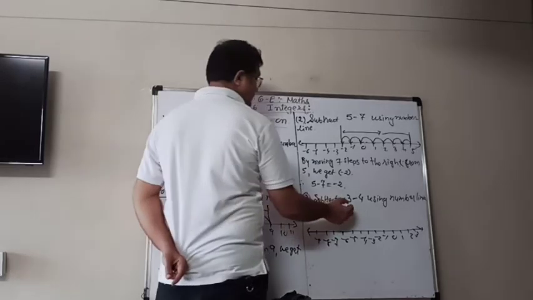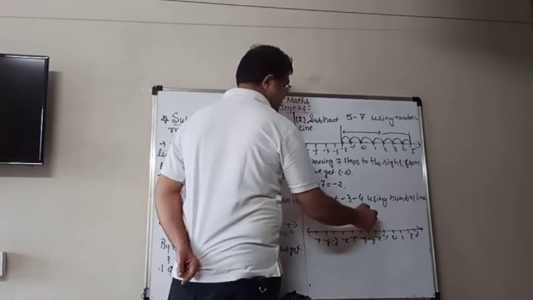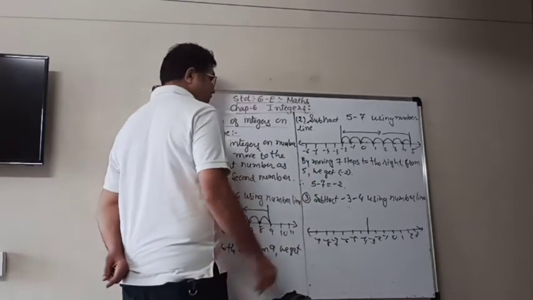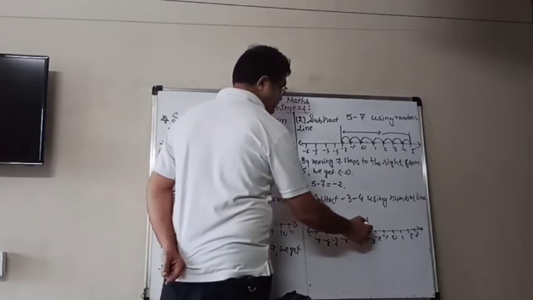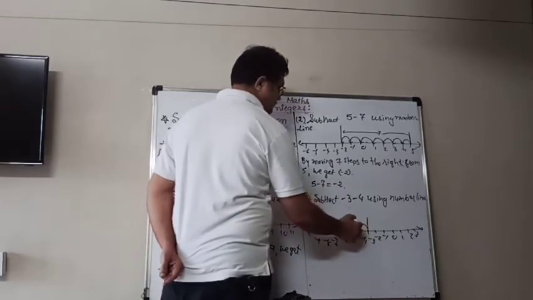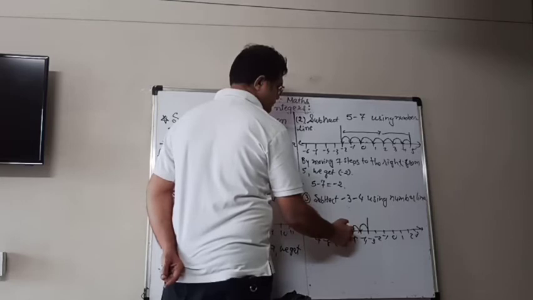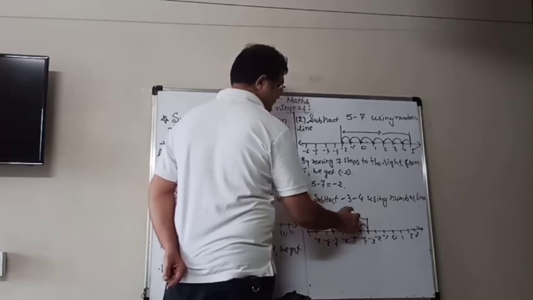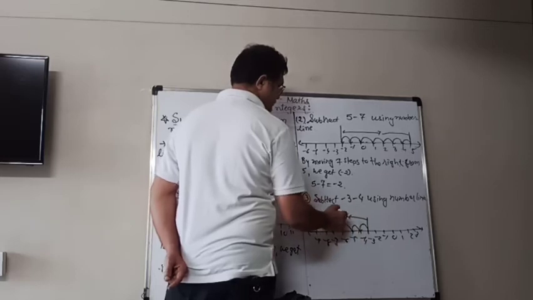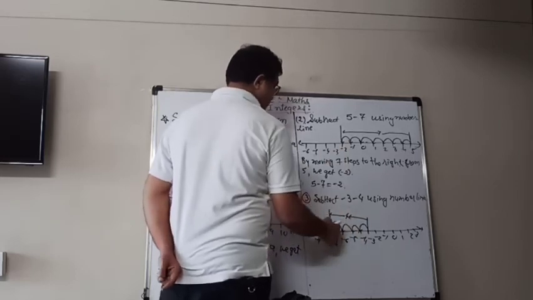We have to start from minus 3. Minus 4 means we have to move 4 steps. So 1, 2, 3 and 4. What did we get here?